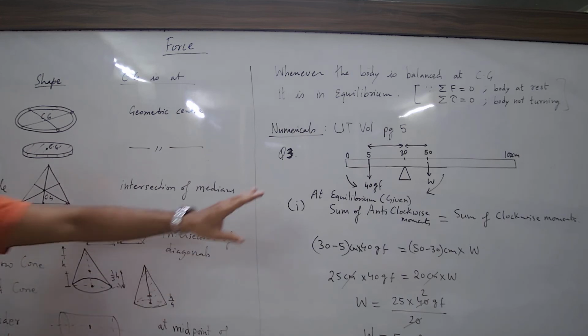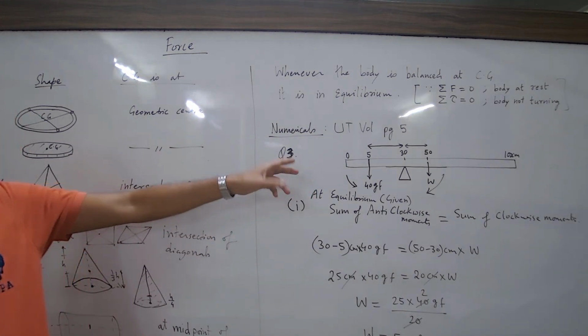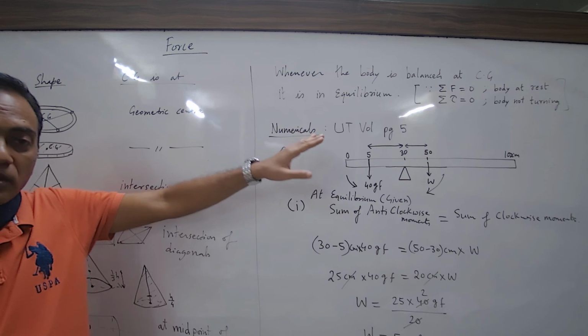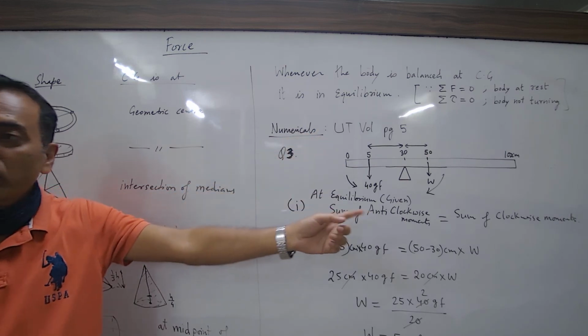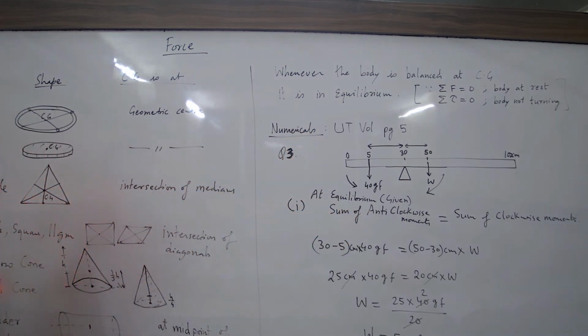Most of these types of questions, the situation would be that the object is in equilibrium. Then you have to equate the moments and find out the unknown value. Does anybody have difficulty understanding what we have done? Feel free to ask and don't be shy. If you don't, I would assume everybody has understood. Okay? Who will do the next part of the question?